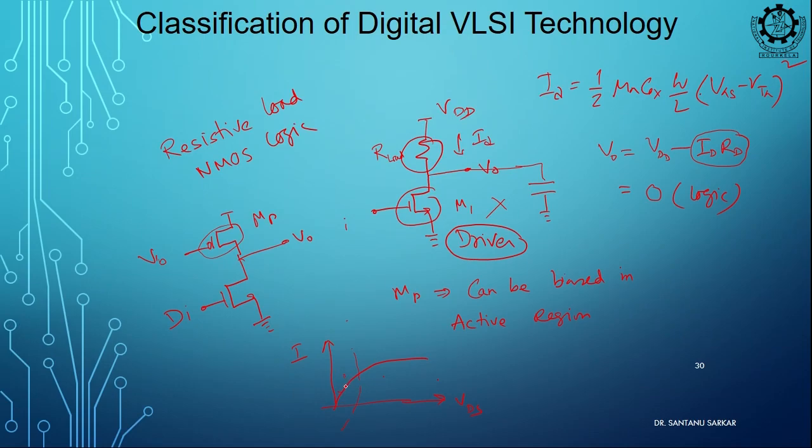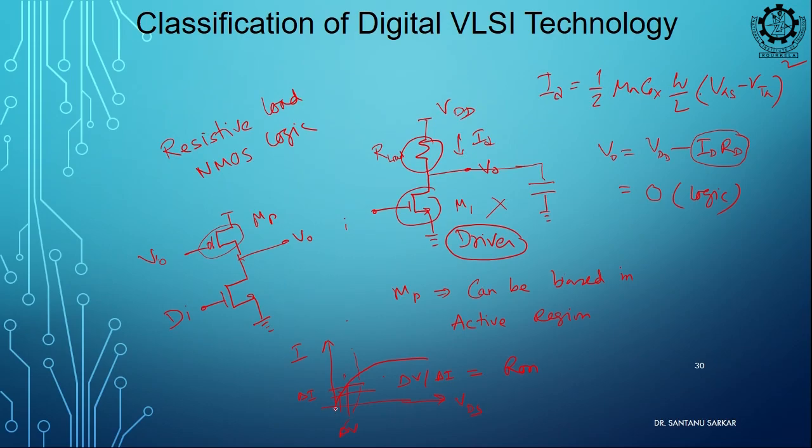If you take del V by del I, this change is del V and this change is del I. So, this slope is actually the transconductance, del I by del V. If you take the inverse of that, you get del V by del I, and you get it as R on, the resistance in the linear region.